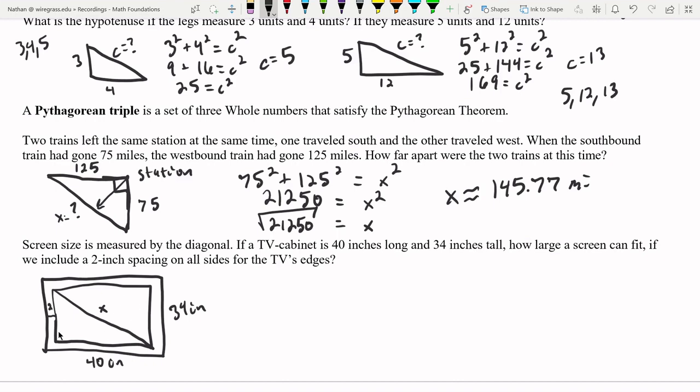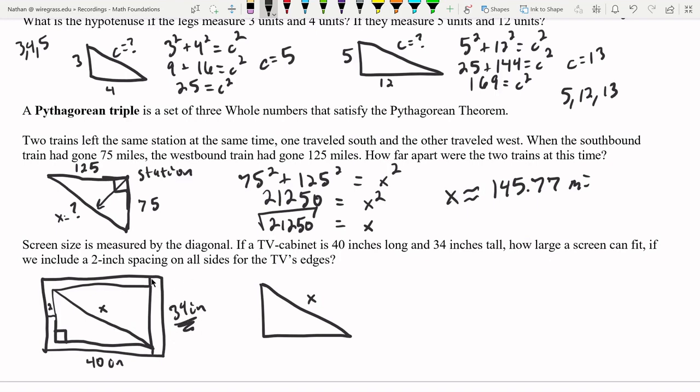So all we're going to need to do is figure out, because this is going to be a right triangle here, what is this side length and this side length. These are going to be the legs of the triangle. Well, we know that this is going to be the height of the TV cabinet, which is 34 inches, but we're going to remove 2 inches from top and bottom for the edge of the TV. So we're only really measuring the actual screen size, not the full size with the edge of the screen.